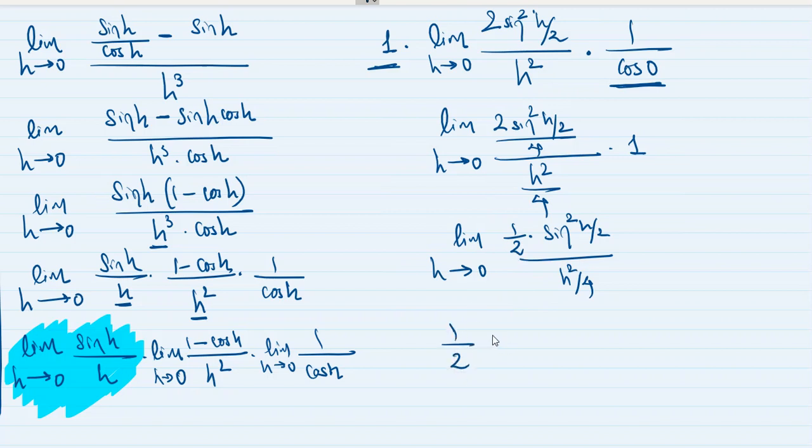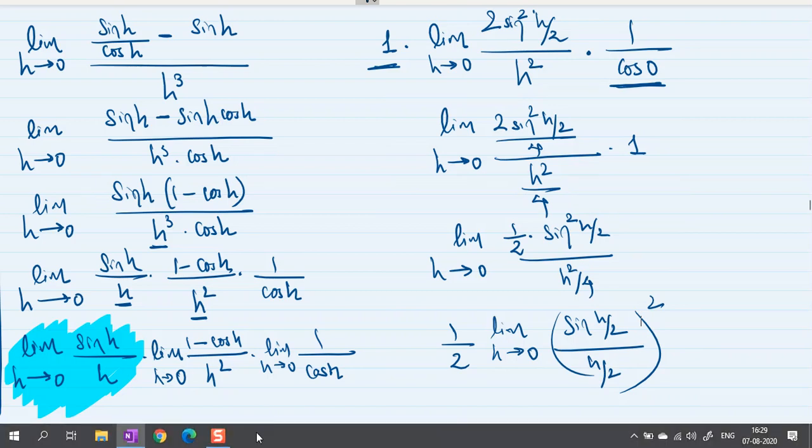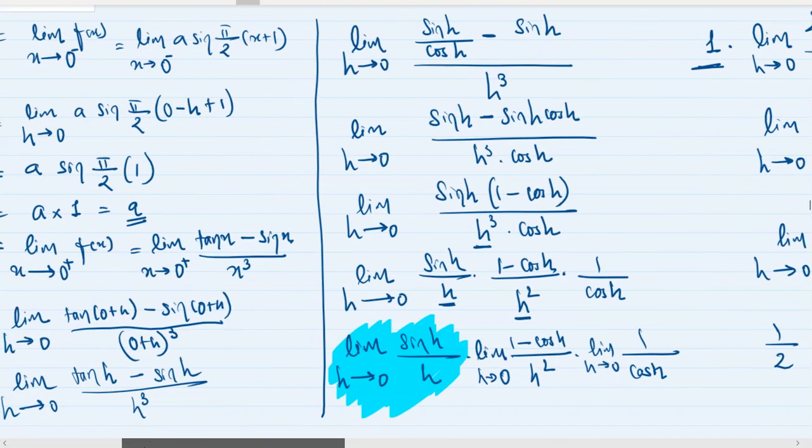Half into limit h tends to 0 of sine of h by 2 upon h by 2, the whole square. Now this is nothing but 1, since limit when x tends to 0 of sine x upon x is 1. So this whole thing becomes 1.